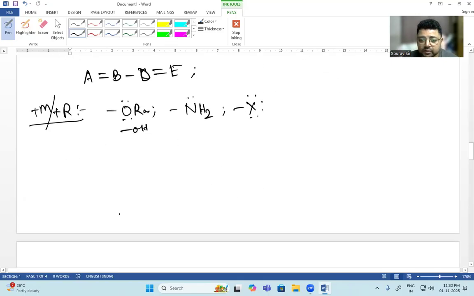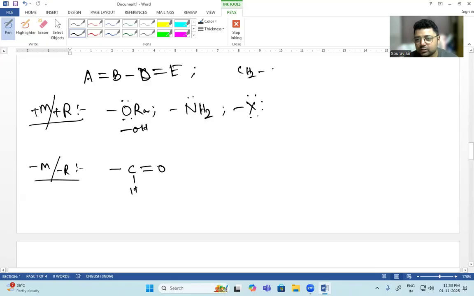Who has minus M effect? Those who have the ability to take electrons away. Like if you have C double bond O, this will show minus, because oxygen will take the electrons from this carbon. Here if you have CH2 double bond CH, single bond CH double bond O, it will take this electron away from here, and this is conjugated.